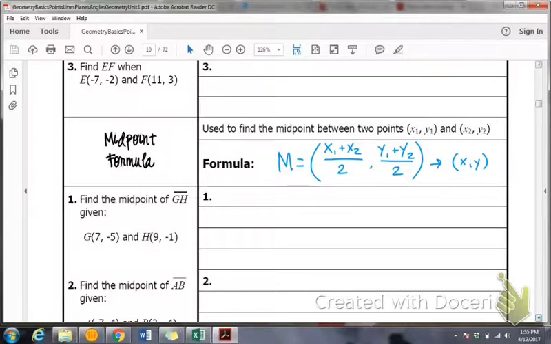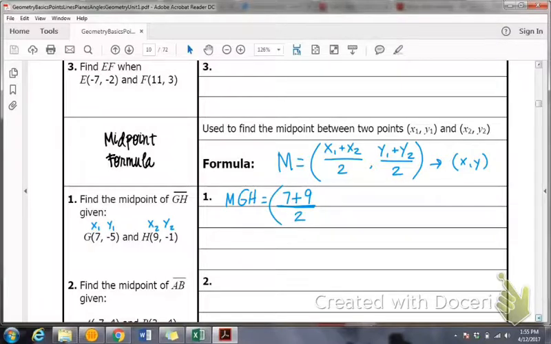Okay, so you have some space there. Again, it says find the midpoint of GH. So this is my X1, my Y1, X2, Y2. And now we're just going to plug them into the formula. So I have the midpoint of GH. 7 plus 9 divided by 2.